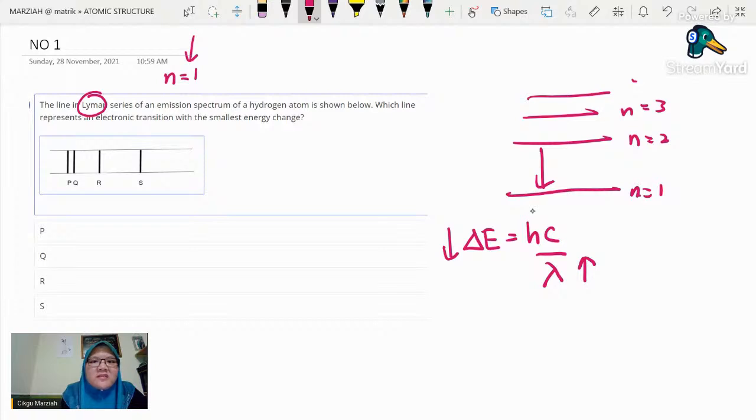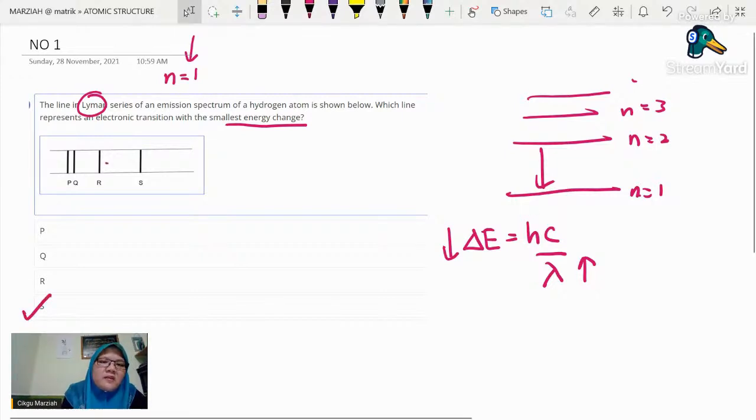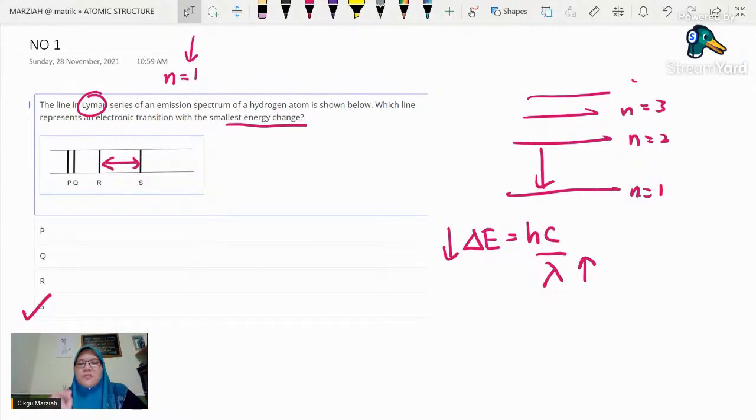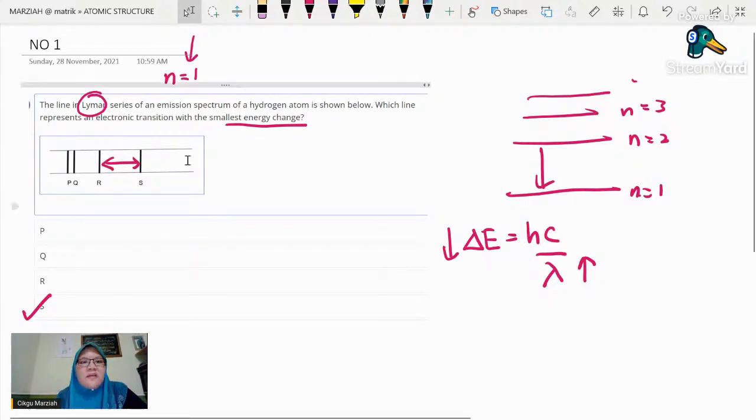So dia kata which transition represent with smallest energy change. The smallest one adalah yang paling panjang dia punya lambda. So the answer is S, sebab dia punya lambda besar. Okay, kita tengok pada situlah.